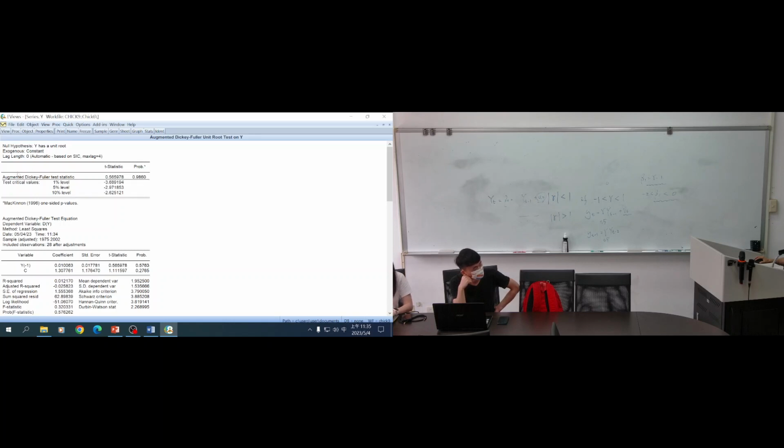And the augmented Dickey-Fuller test result is in the upper part. At the 1%, 5%, 10% levels, meaning alpha, this is what we call the critical value. And this critical value is different from the original t-test, so we have to base on this one.